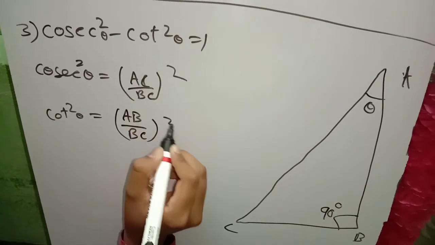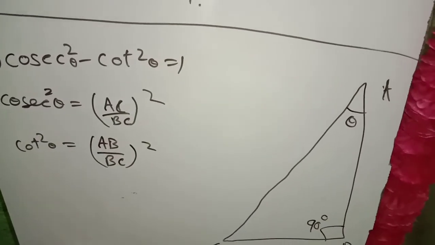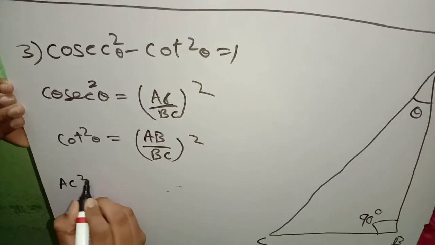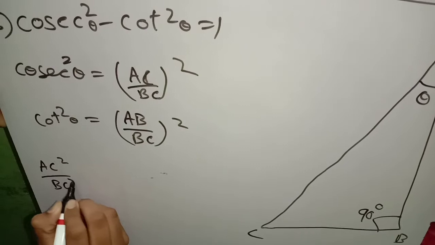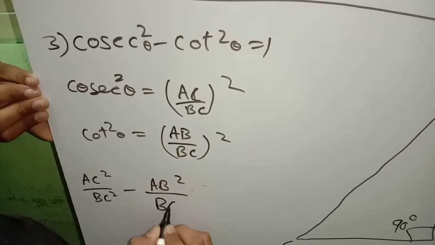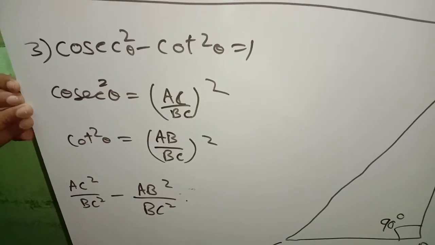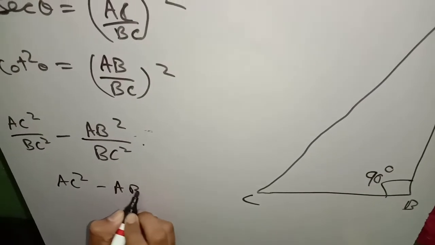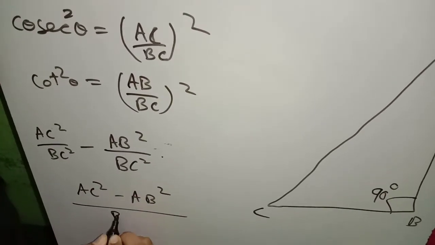The whole square. So cosecant square theta minus cot square theta is equal to AC square by BC square minus AB square by BC square. So AC square minus AB square whole by BC square.